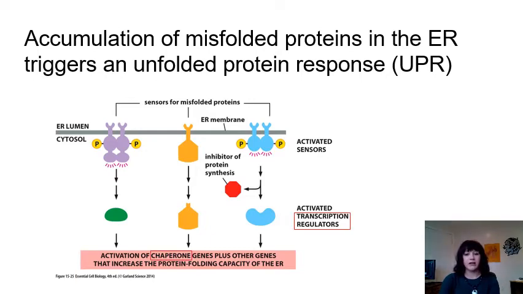So again, this UPR, unfolded protein response, when it senses misfolded proteins in the lumen of the ER, is going to cause upregulation of transcription factors for chaperones that can help with accurate folding.